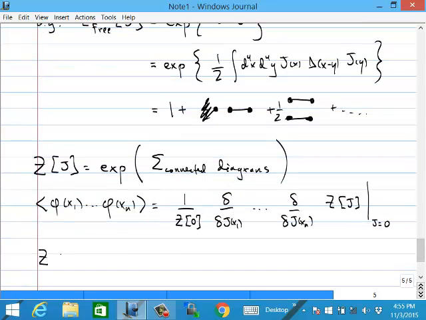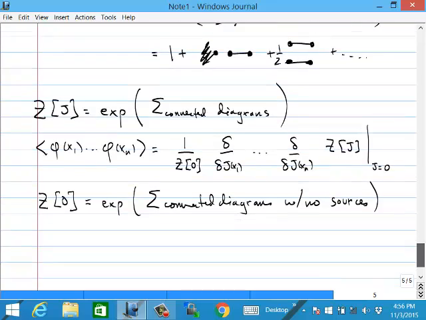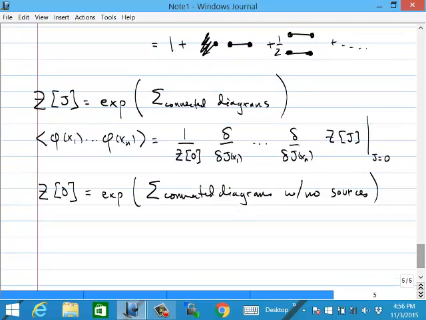Well, that's just the exponential of the sum of all connected diagrams with no external sources. We have a name for a connected diagram with no external source. We call those vacuum diagrams.